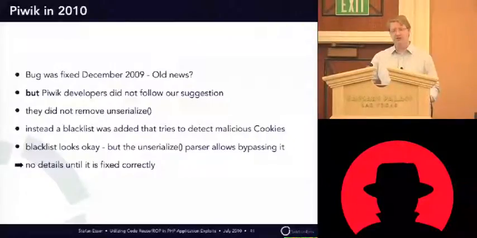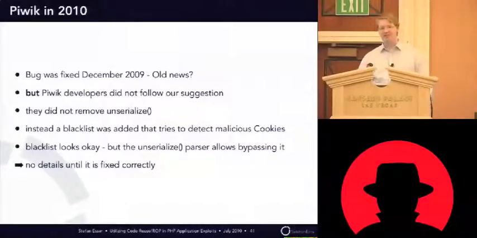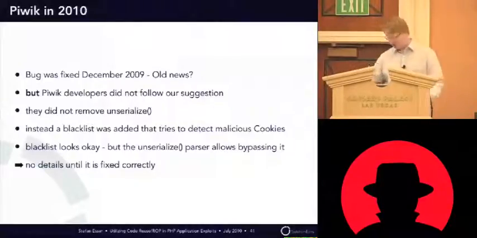But the problem here is PHP developers always know things better. So my recommendation to remove the unserialize was ignored. What they did is they still use unserialize and just put in a blacklist. And we all know that blacklists are the most effective way to ensure security.